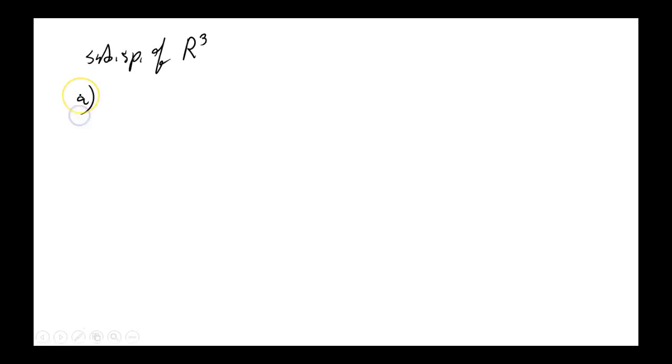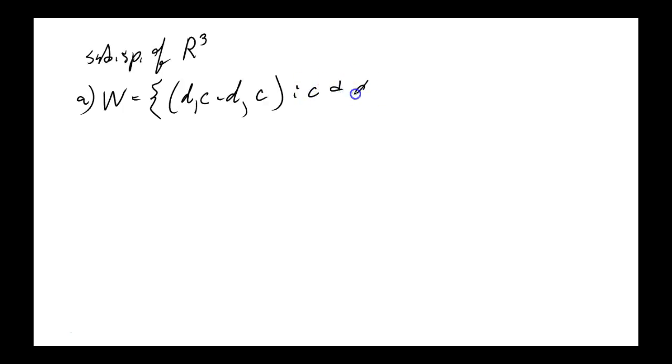A. W is such a subspace, and that consists of the vectors (C minus D, C, D), such that C and D are real numbers. Okay, there's your set.